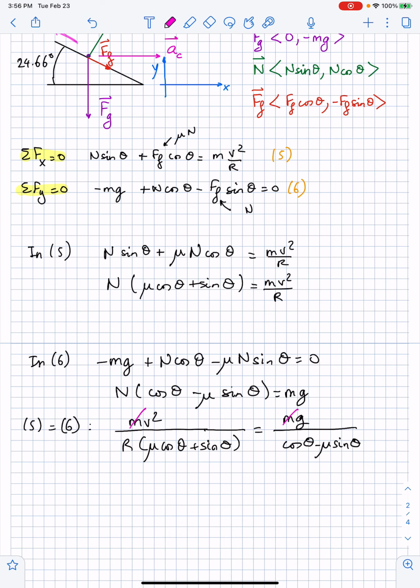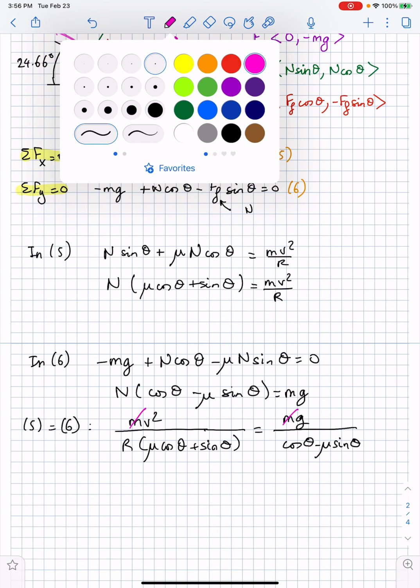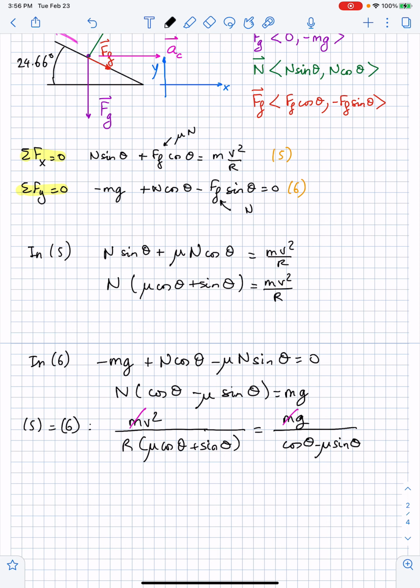That means I can cancel those two m's. Which means that I can rewrite v squared, remember that's what we're looking for, as rg times mu cosine theta plus sine theta over cosine theta minus mu sine theta.